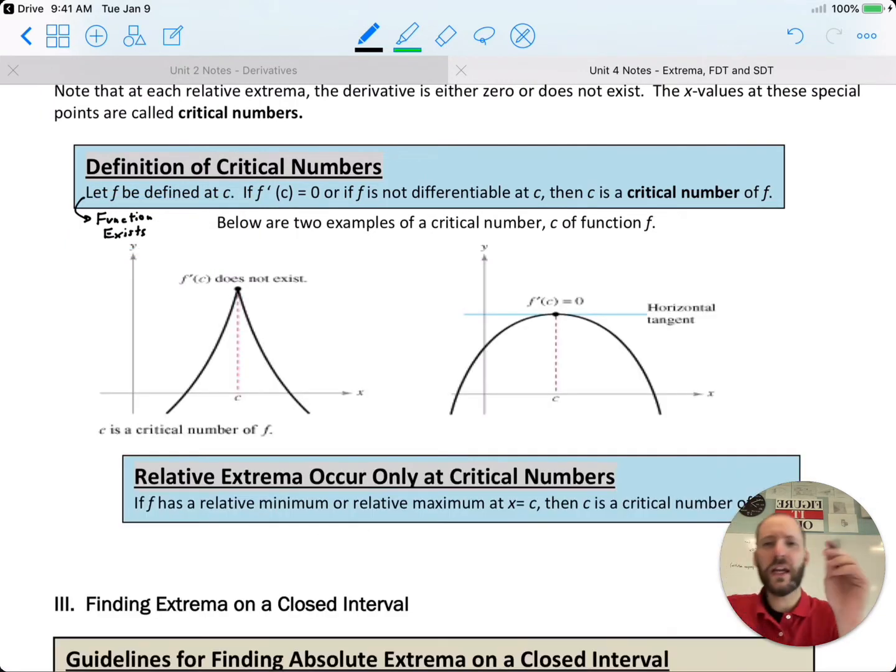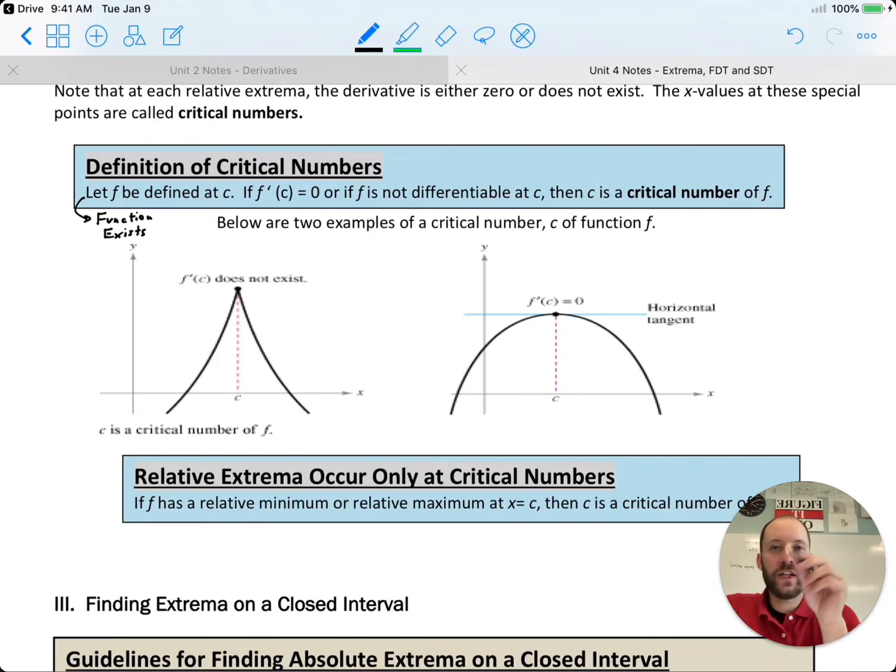If there's going to be a critical number, the critical number has to be there in the first place. The function has to exist for the critical number to fall in it. If there's nothing for the critical number to fall on, it goes away, okay? So your function has to exist at c.